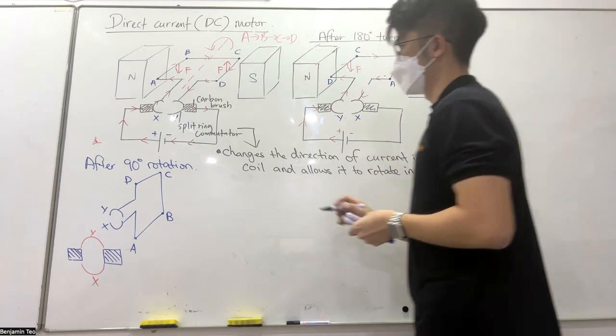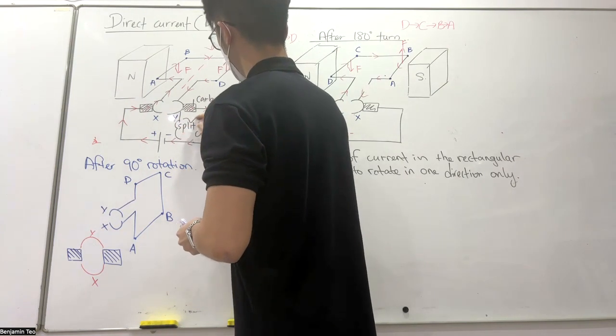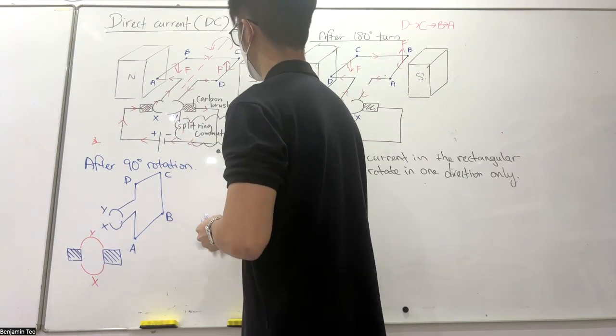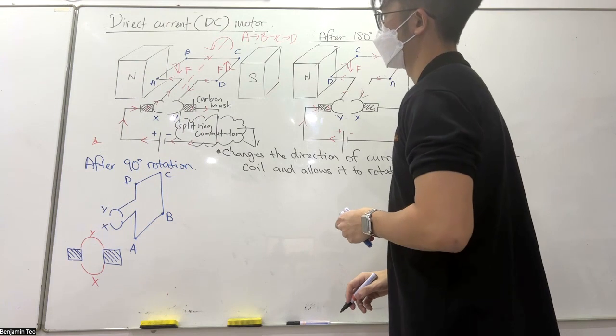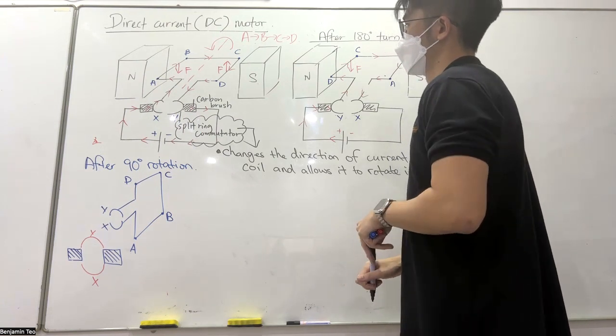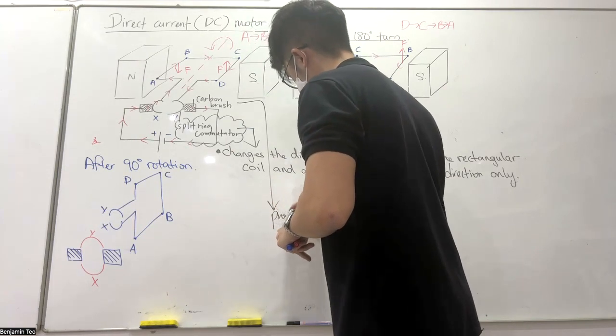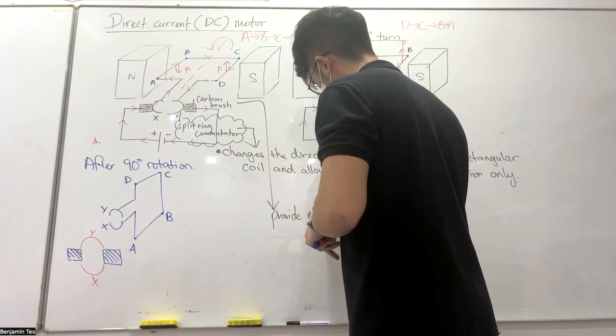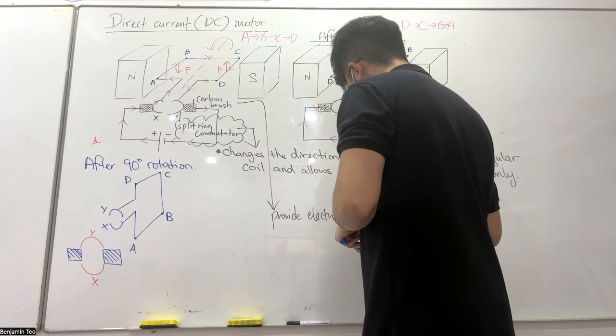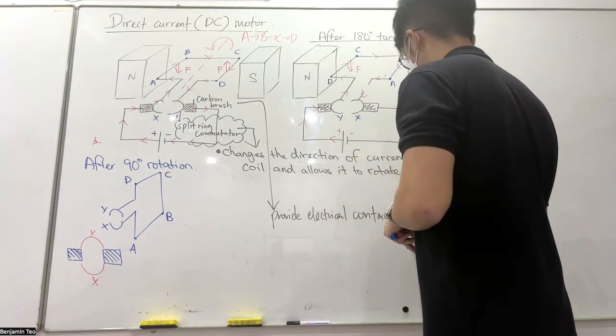Now, this is the split ring commutator. Carbon brush provides electrical contact.